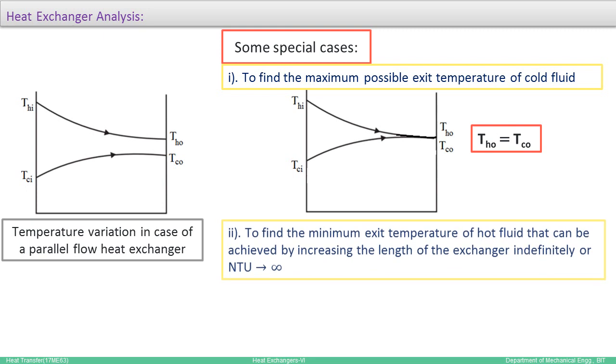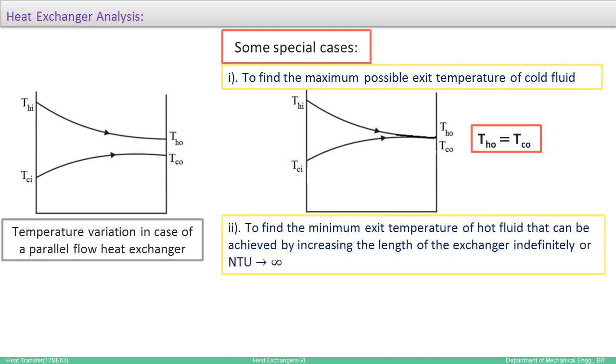And there is another possible condition, to find out the minimum exit temperature of hot fluid, that is to say the maximum heat recovery possible. Whenever you go for maximum heat recovery, you are trying to reduce the temperature of the hot fluid at the exit.